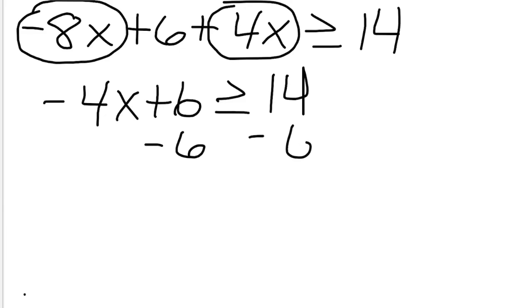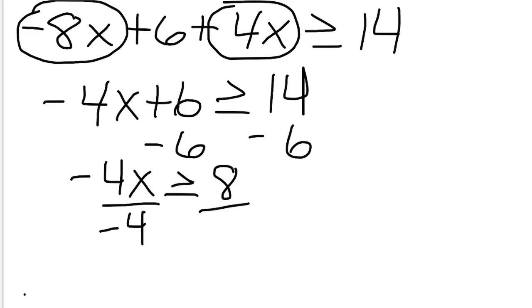We can minus 6 from both sides. So we have negative 4x, and then we have 14 minus 6, which is 8. So negative 4x is greater than or equal to 8. Divide both sides by negative, so we're going to flip the inequality.